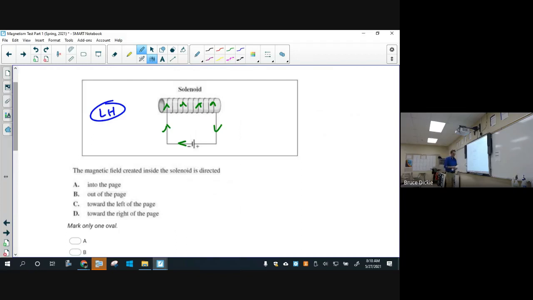I'm going to say my fingers are going to point up in the front, and my thumb will automatically point towards the right. My thumb's automatically pointed towards the right, so the magnetic field inside this solenoid is to the right. Looks like this. The answer is going to be D for this one.